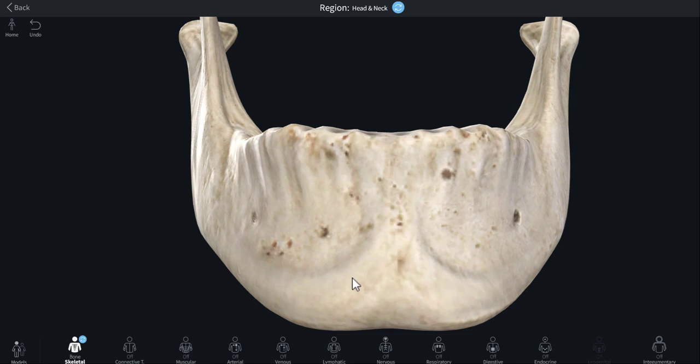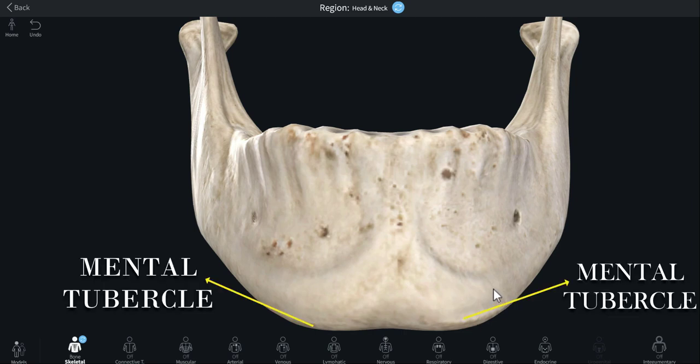All right? Now, this mental protuberance also leads to another structure inferolaterally. The structure which is led on by the mental protuberance is the mental tubercle.